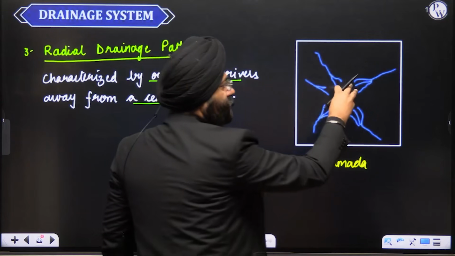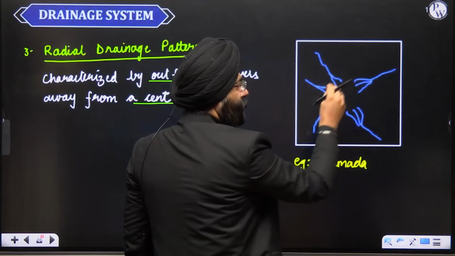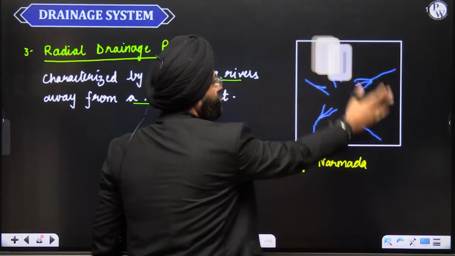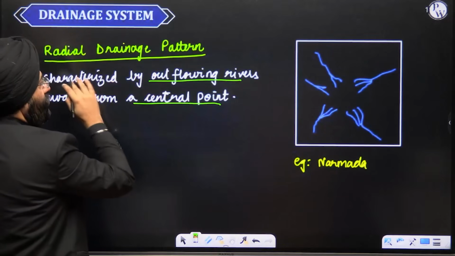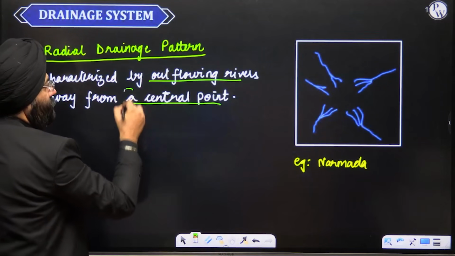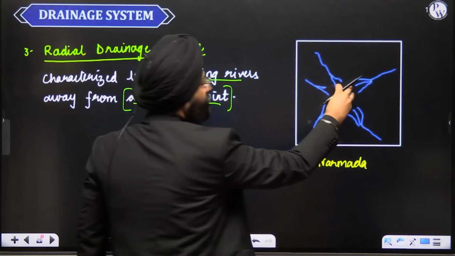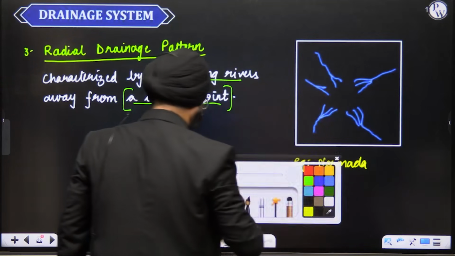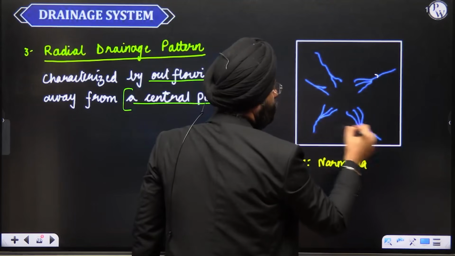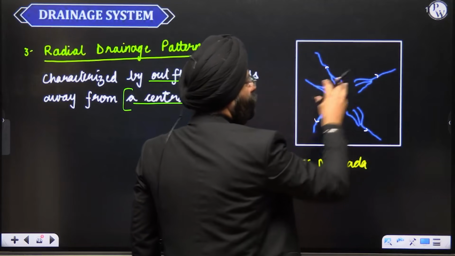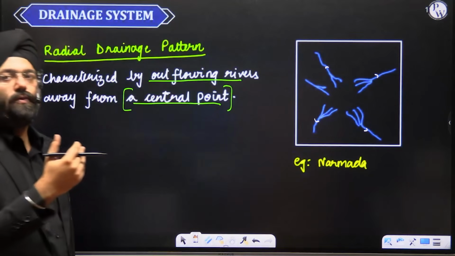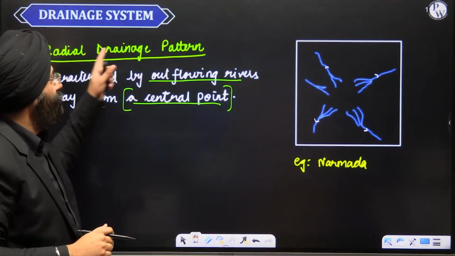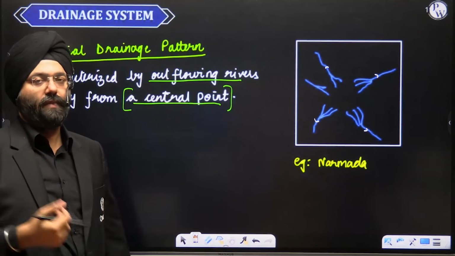So that is why it is said, characterized by outflowing rivers from a central point, which is generally of certain height. Water is falling, so rivers will be flowing outward from this central height. This type of drainage, if you view from above, is known as a radial drainage pattern. Example is Narmada in the Amarkantak region.